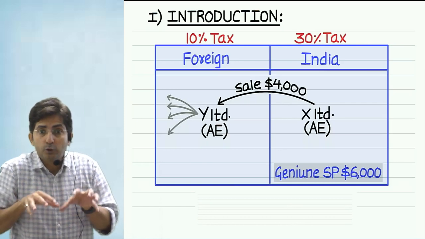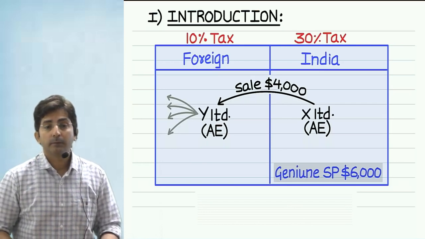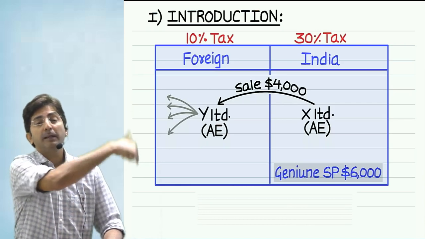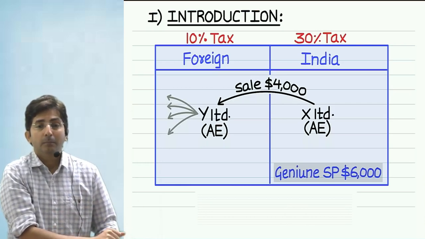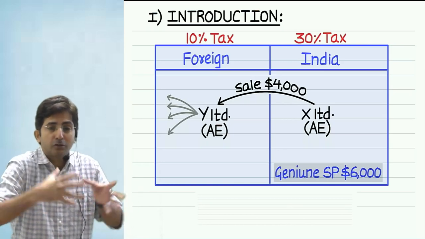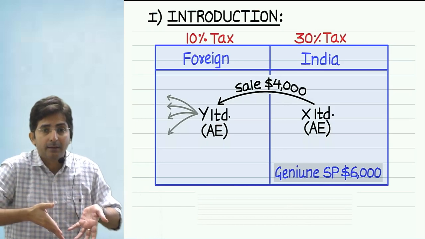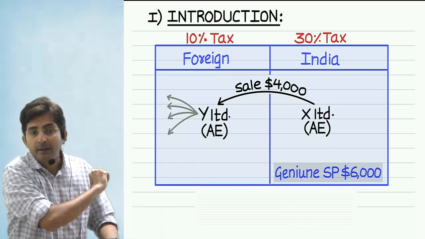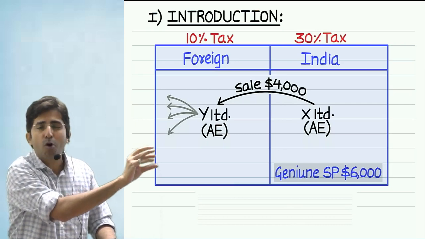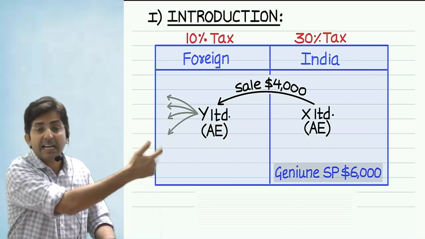So I can reduce my profit and reduce my tax, but now I am worried about what? The entity which I formed in the foreign country will suffer tax. Why? Because if I show a small sale price, that same sale is a purchase for my entity in the foreign country, and if it has to show small purchase, its profits will rise, its tax will increase.